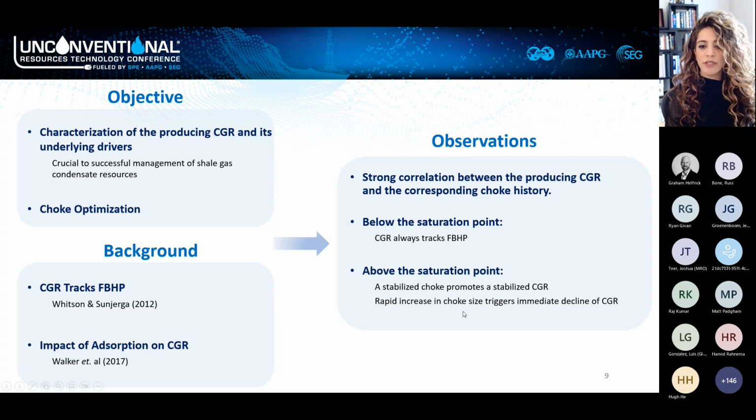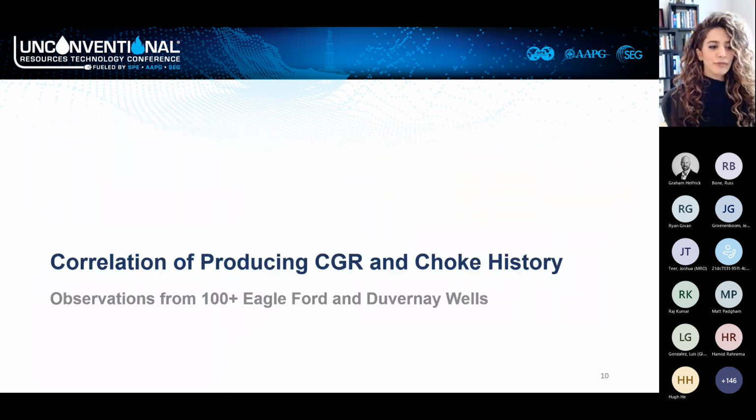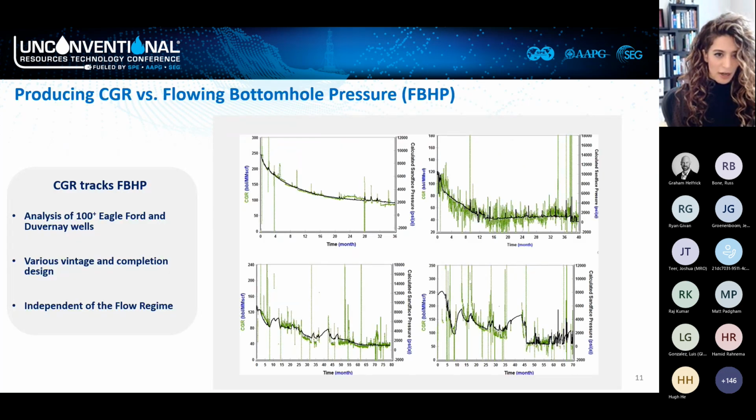And these two obviously will provide the underlying drivers of the main understandings for choke optimization, which is the topic of this talk. Okay, with that, now let's go into the next 5-6 slides. I would like to take some examples to expand on those observations that I just mentioned.